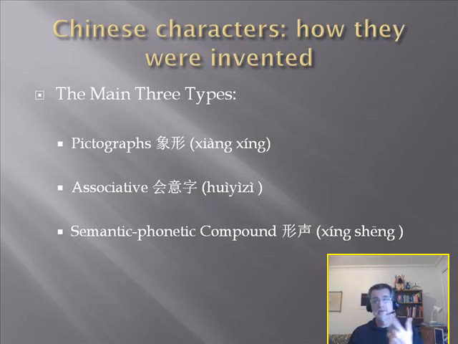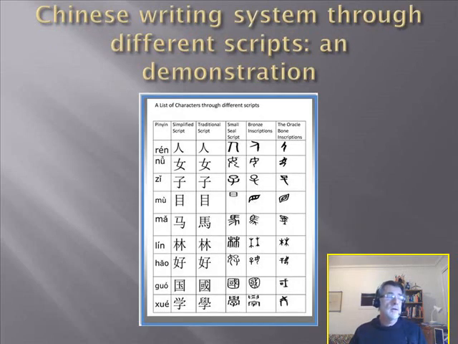If you think back to the table before, or you can stop the video and rewind a little bit, you'll see the character, for example, for I, which is mu, and you can see how that originally was drawn like an eye.